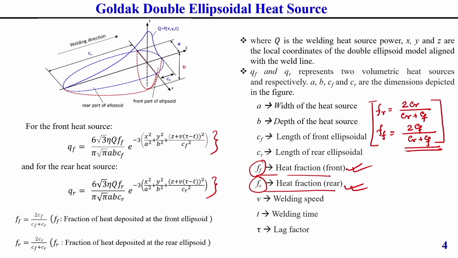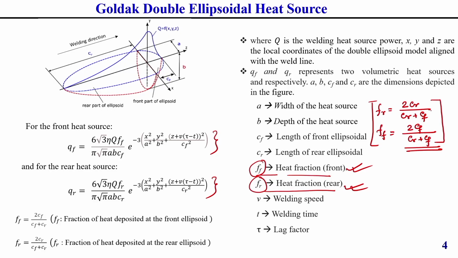Different researchers use different fractions, but by optimizing those different fractions of Fr and Ff, it is observed that this fraction gives very accurate results, very close to the experimental result. Keep this in mind.